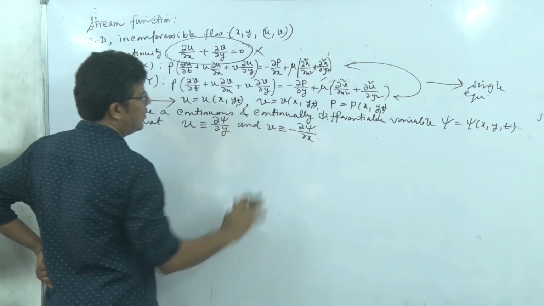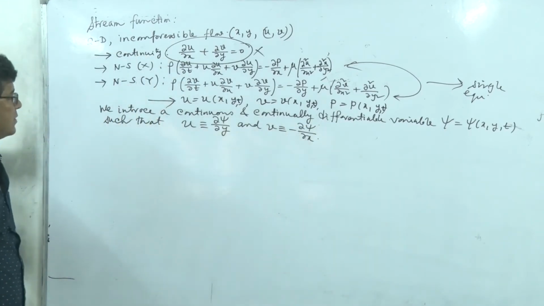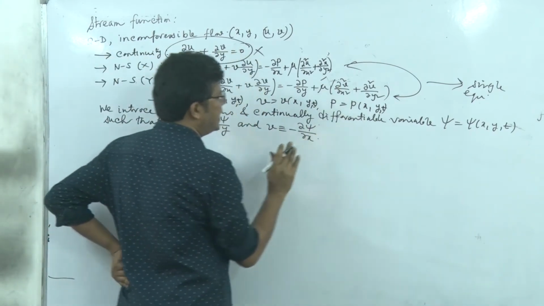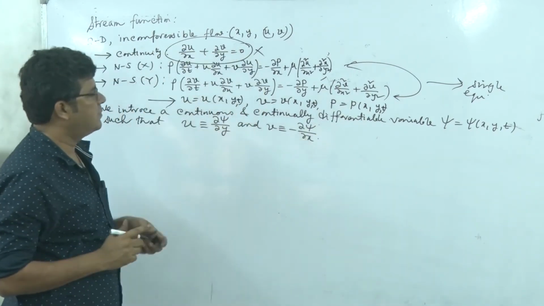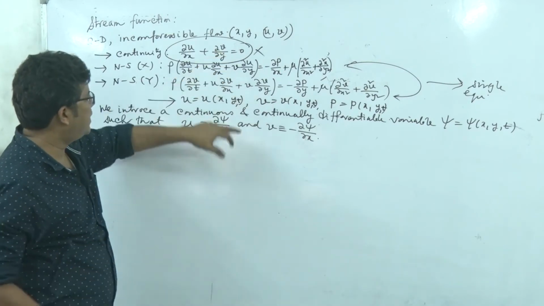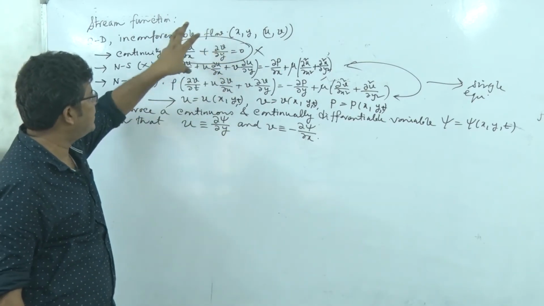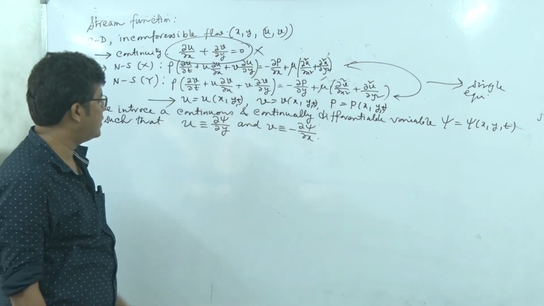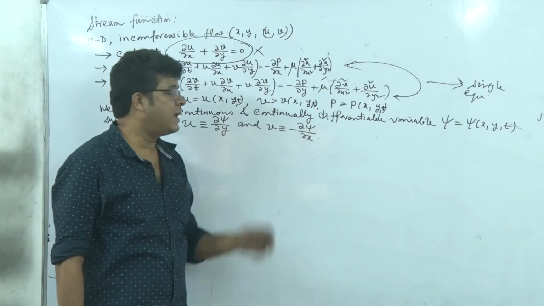This is the defining equation for the stream function. Correct. So once you write that, you see continuity is automatically getting satisfied by its definition, so you don't have to solve continuity in conjunction with the Navier-Stokes equation, right? And this xi is called the stream function.